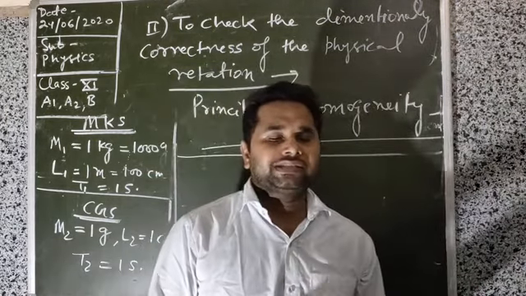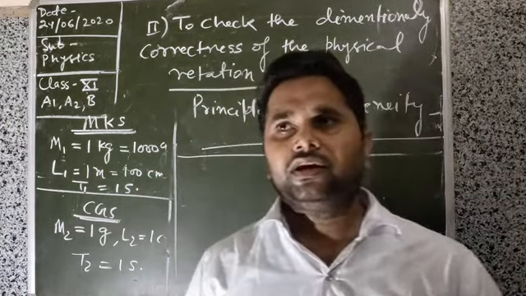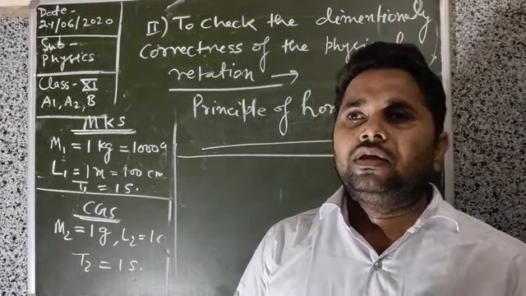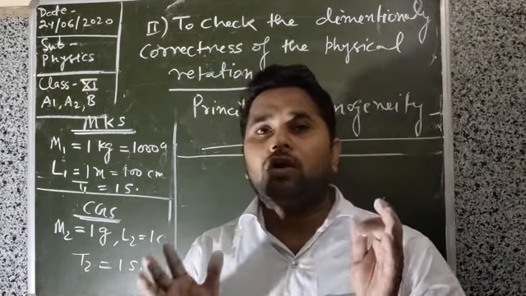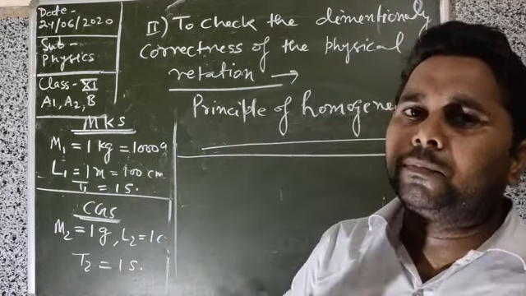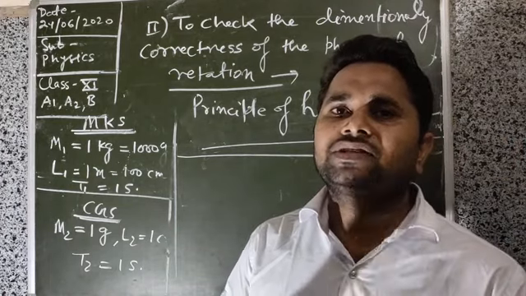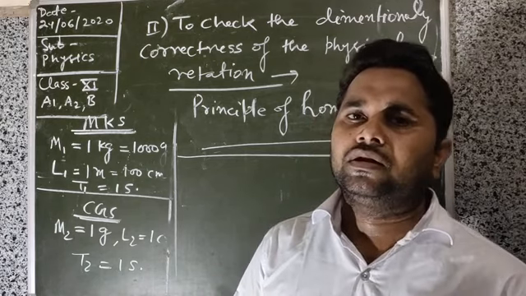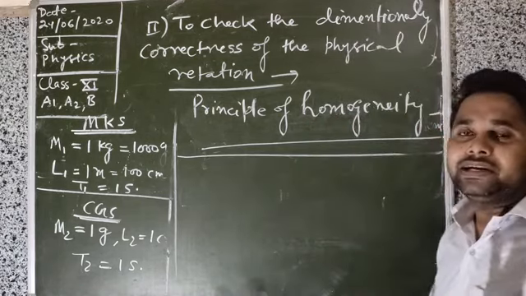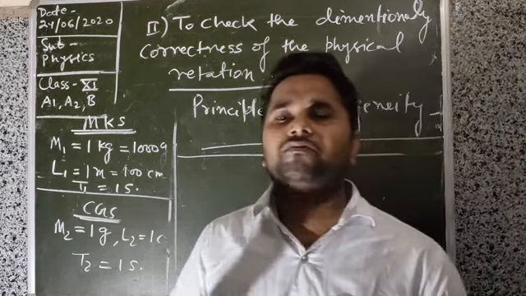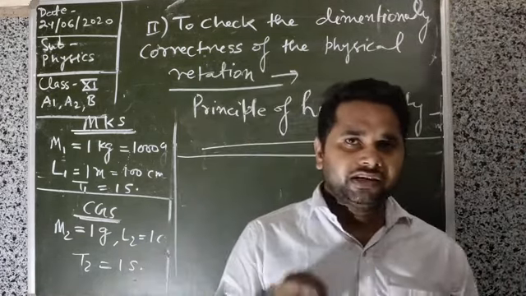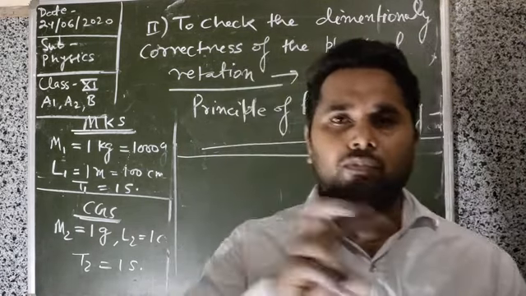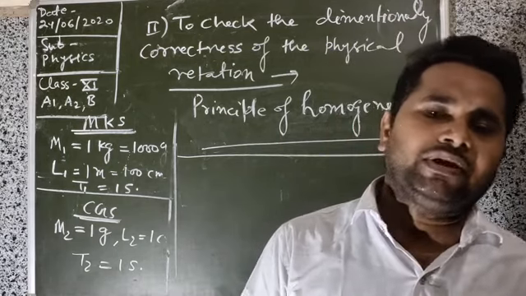Principle of homogeneity states that a physical relation is dimensionally correct if all the terms on both sides of the relation have the same dimensional formula. Repeating, principle of homogeneity states that if a given physical relation is dimensionally correct, then all the terms in the given relation on both sides will have the same dimensional formula.